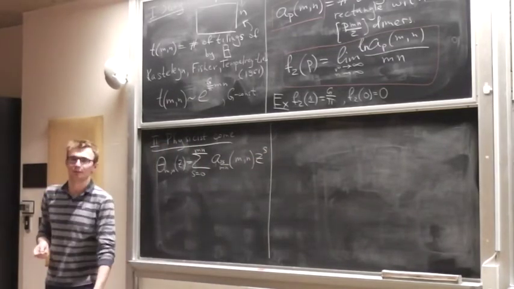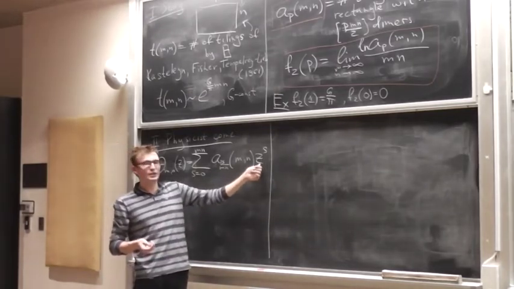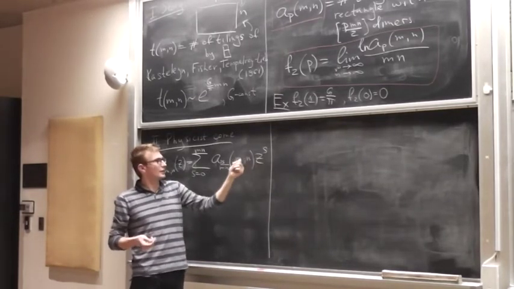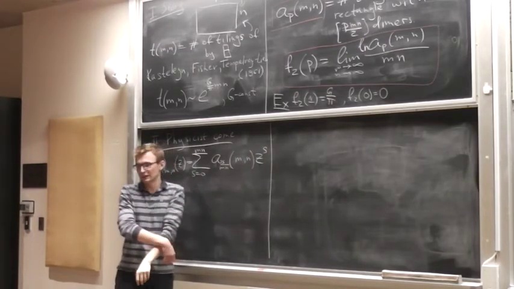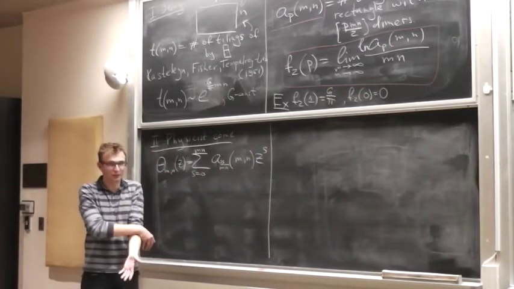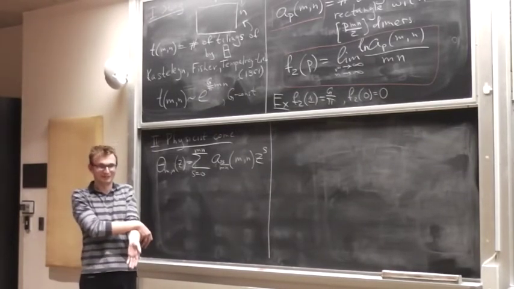This is purely combinatorial. So this is a generating function, variable z, and the coefficient of z to the s is the number of tilings with s dimers. Okay, but it's a generating function for a mathematician. For physicists, it's the canonical ensemble.